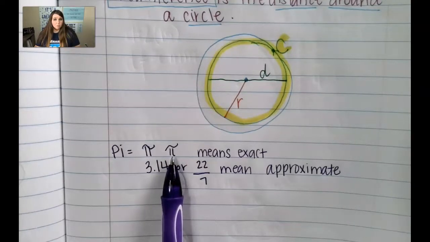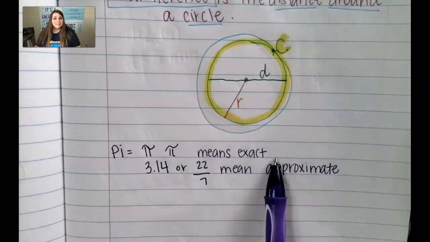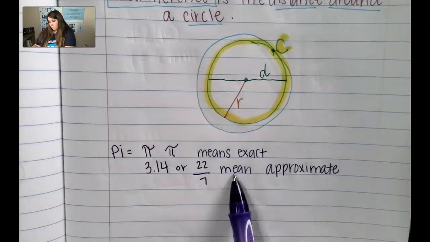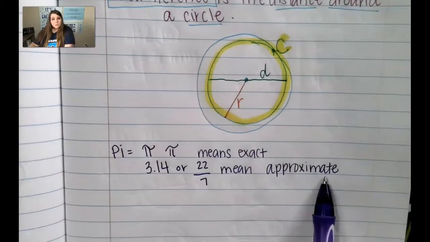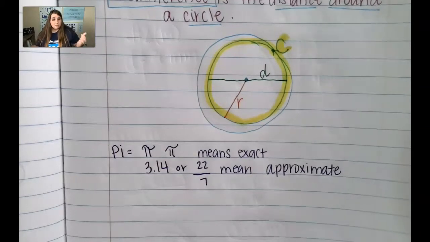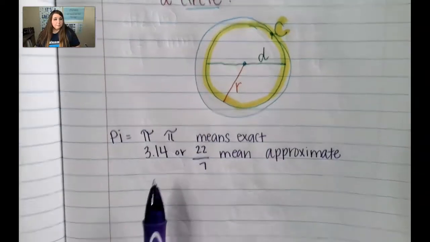It doesn't give you anything exact because it can keep going. But this is a more exact form than this, which is an approximation. So we could solve a problem with pi and get totally different answers depending on if we put the pi symbol in or if we put this, okay?